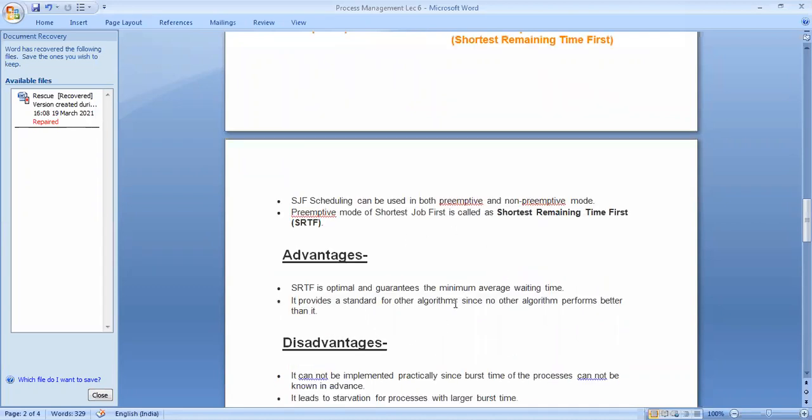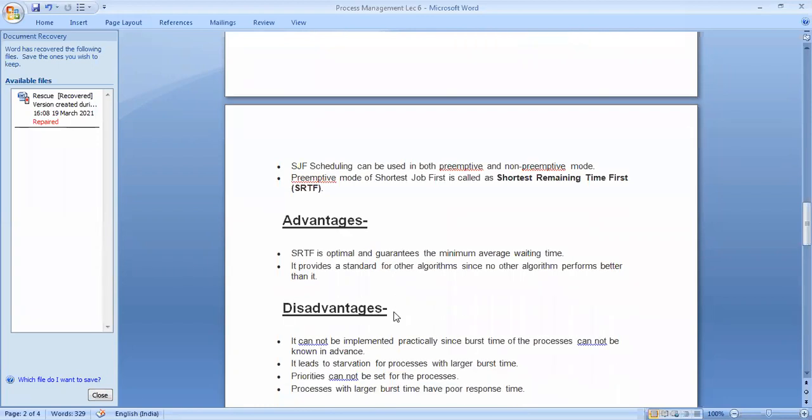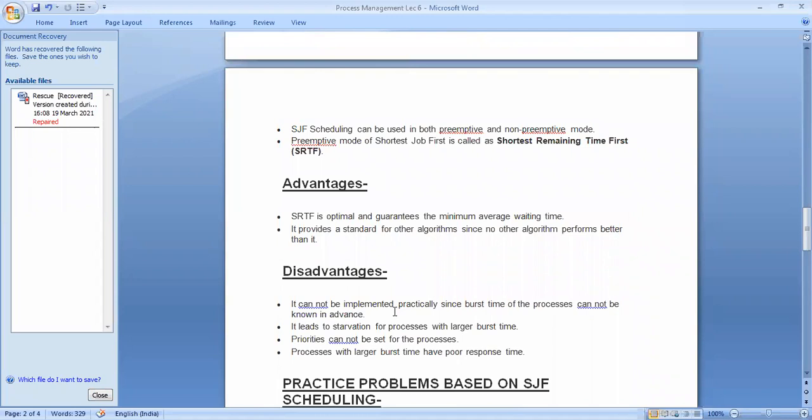Now, what are the advantages? Shortest remaining time first is optimal and guarantees the minimum average waiting time. It provides a standard for other algorithms since no other algorithm performs better than it. But what are the disadvantages?